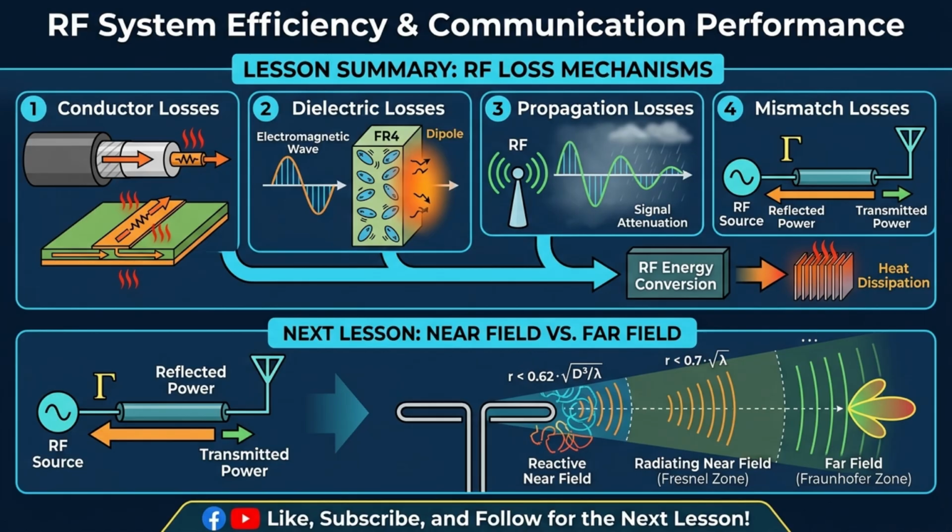We also saw how conductor losses, dielectric losses, propagation losses, and mismatch losses affect RF system efficiency and communication performance. In the next lesson, we will explore near-field versus far-field and discover how electromagnetic field behavior changes as we move away from an antenna.